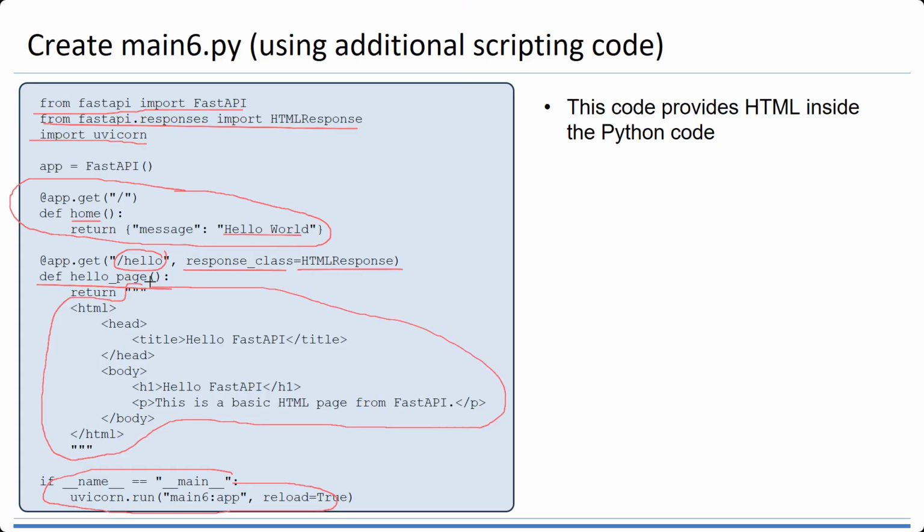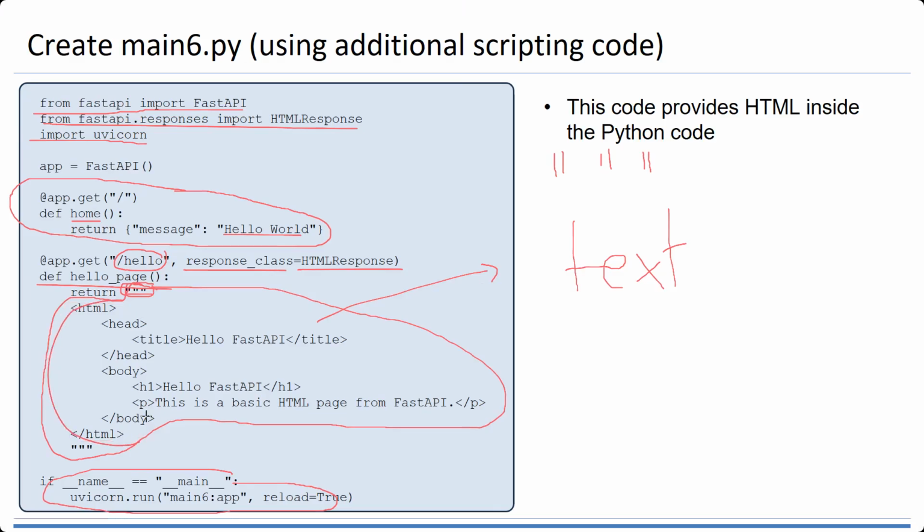So the HTML file is in text. You can see here, it is using three double quotes. This three double quote means this is a string, and this string contains the HTML.